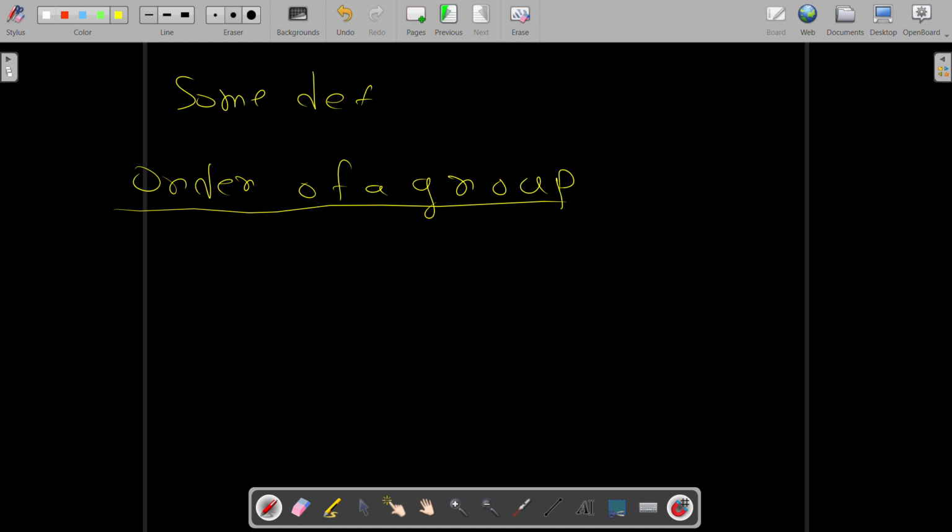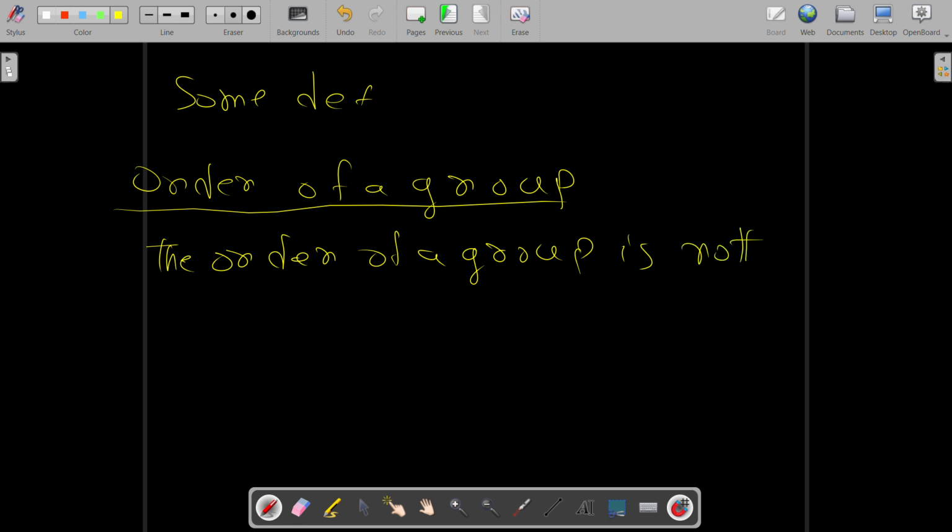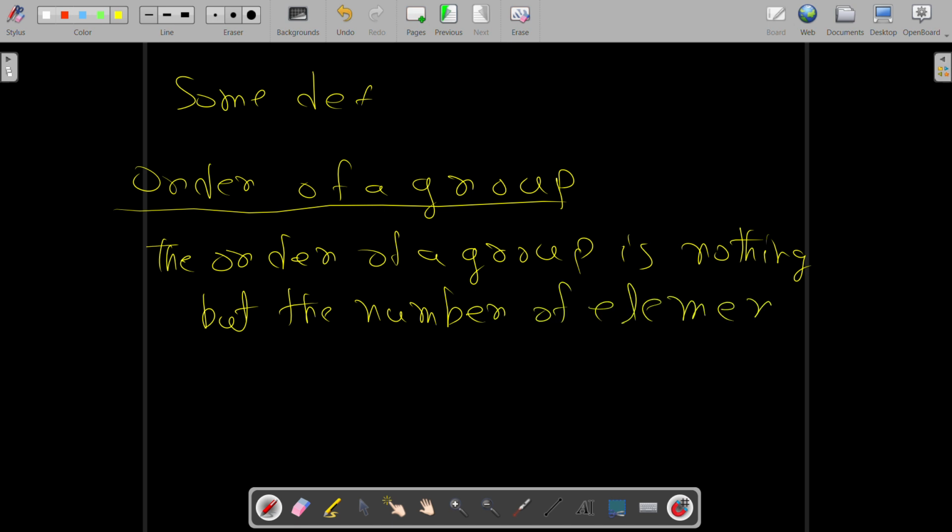So, the order of a group is nothing but the number of elements in it.